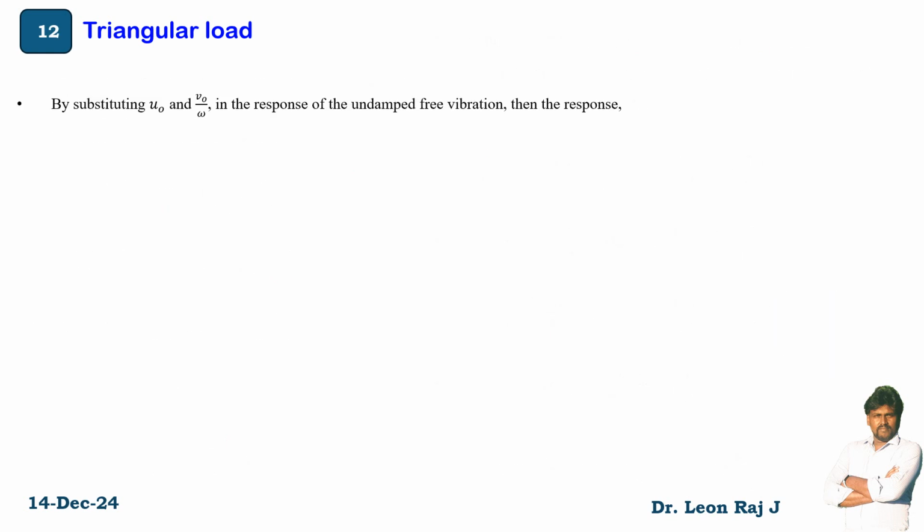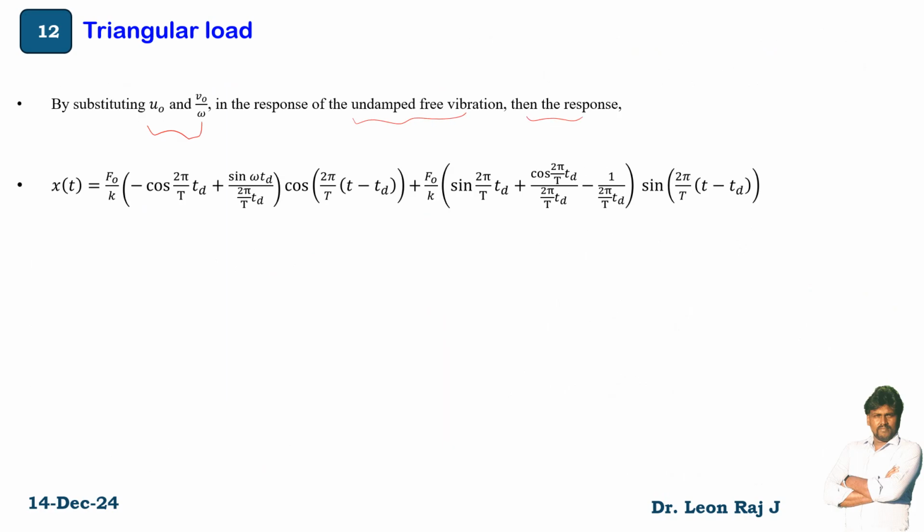By substituting u0 and v0 in the response of the undamped free vibration, the response is equal to u0 cos omega t minus td plus v0 by omega sin omega t minus td. So this is the response.